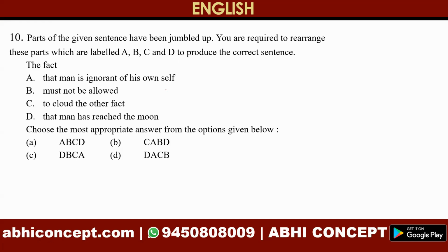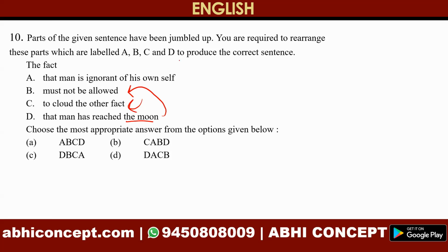The fact that the man is ignorant of his own self must not be allowed to cloud the other fact that man has reached the moon. Okay. The fact that man has reached the moon must not be allowed to cloud the other fact that man is ignorant of his own self.